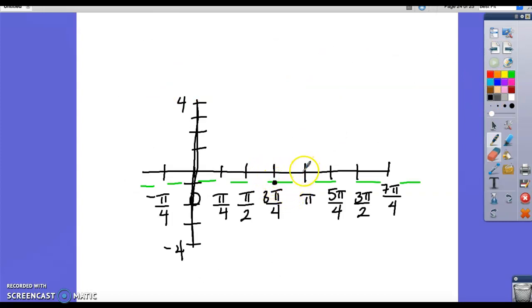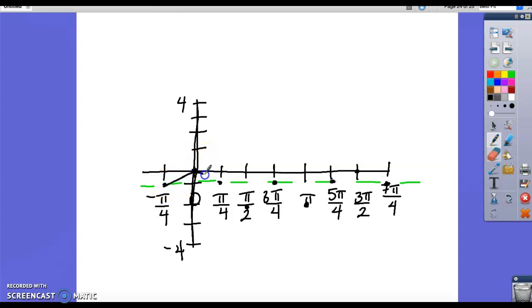So instead of going up to the max, I'm going down to the min. My amplitude is 1, so I'm going down 1 unit below the midline, back to the midline, up 1 unit above the midline, back to the midline. And the same thing over here: down 1 unit, midline, up 1 unit, midline.